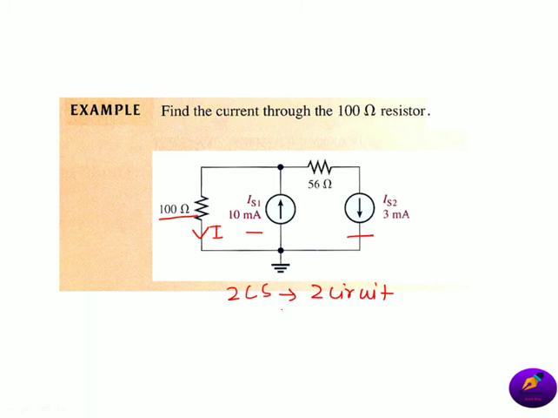In the first circuit we will keep one as an active element and suppress the rest. So in the first circuit we will take 10 milliampere as the active element and we will suppress the 3 milliampere current by open circuit, and in the second circuit we will keep the 3 milliampere current as the active source and suppress the 10 milliampere current by open circuit.